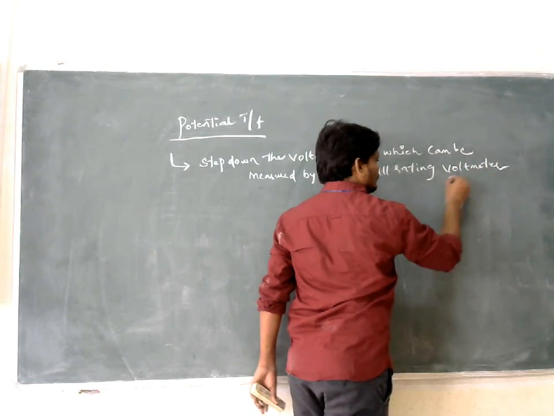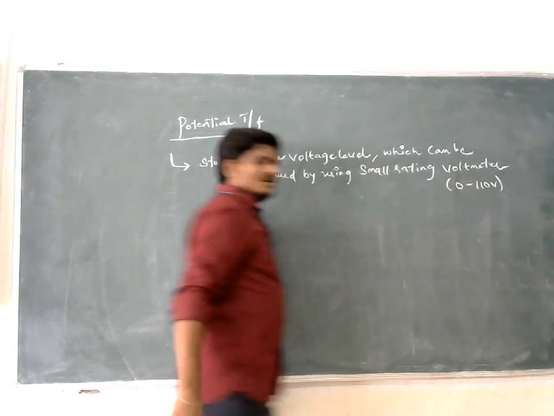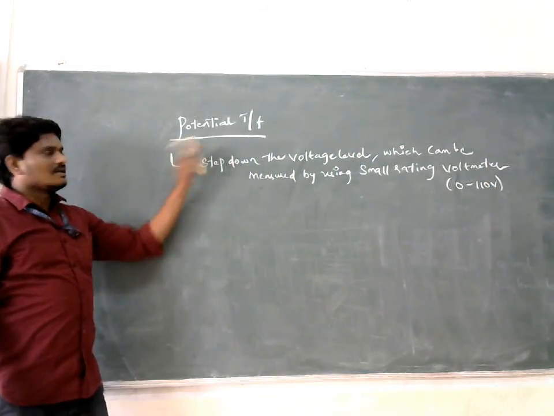Let the range of the voltmeter be 0 to 110 volts. This is the definition of a potential transformer.